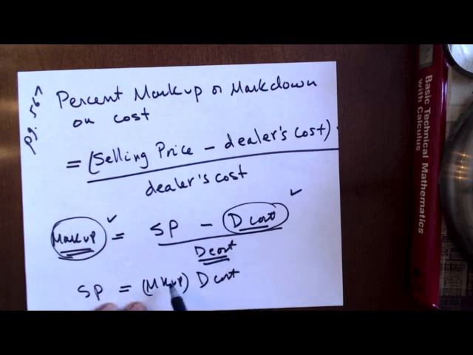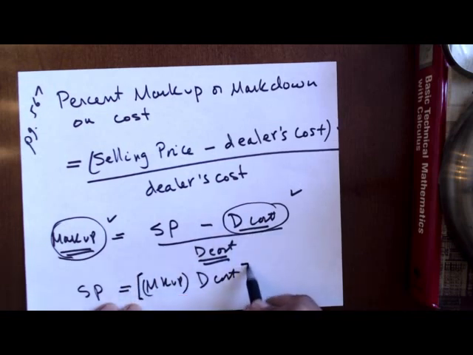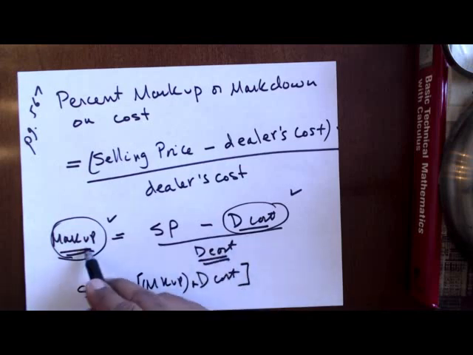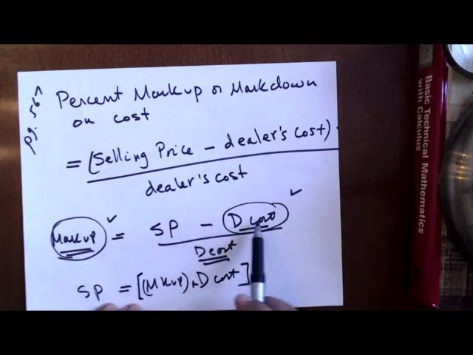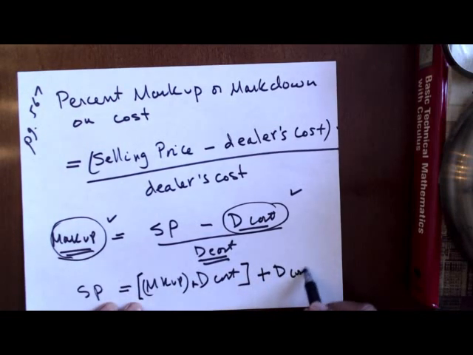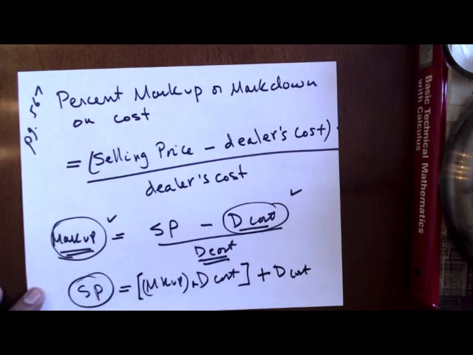You multiply this number, you get a number here, and then this value here is subtracting, so it will come up adding here, and that's the way you will solve for the selling price.